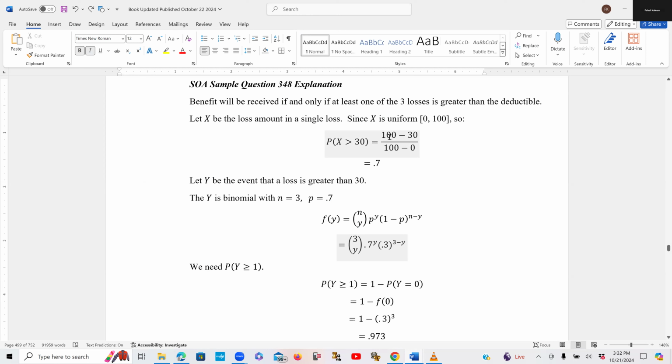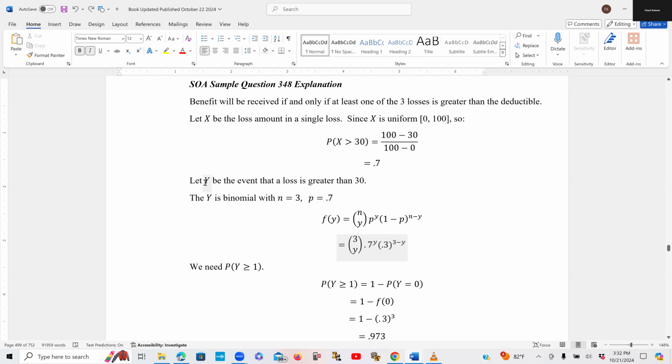This is a uniform distribution, so the probability of being greater than 30 will be the upper limit 100 minus 30, divided by the upper limit minus the lower limit, which is 0. And that gives you 0.7. This can easily be seen if you draw a number line whose endpoints are 0 through 100, mark 30 on it, and mark the region that is greater than 30.